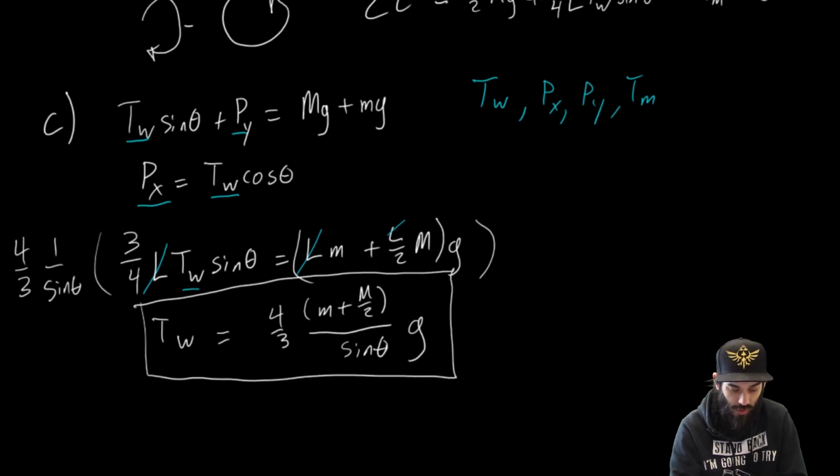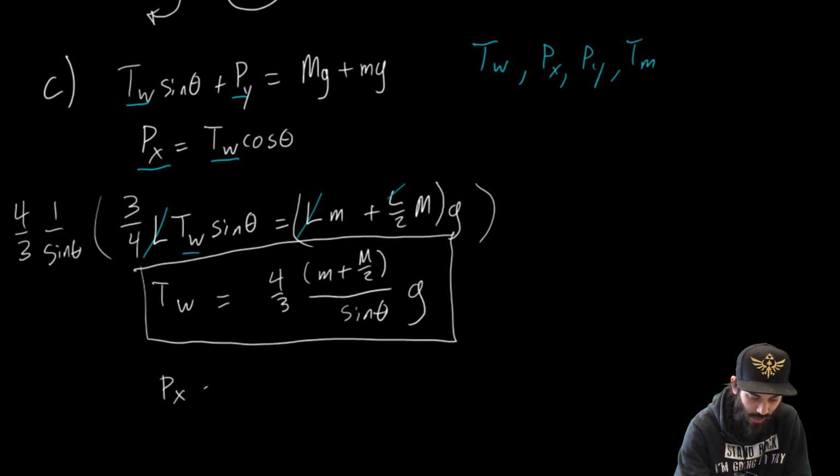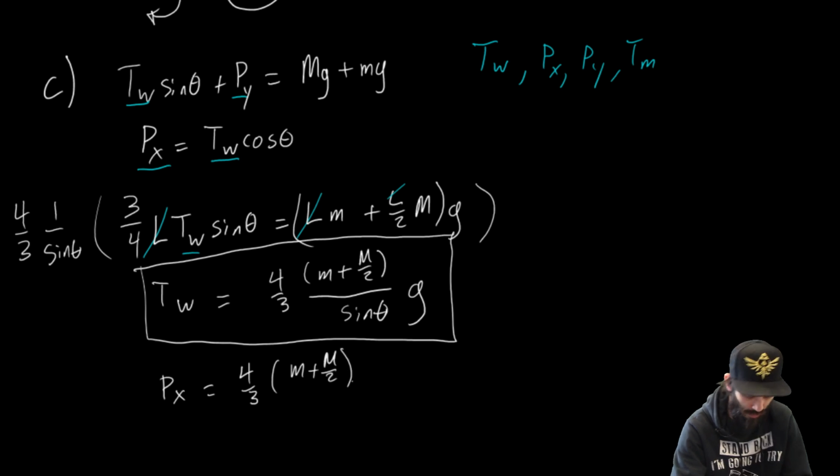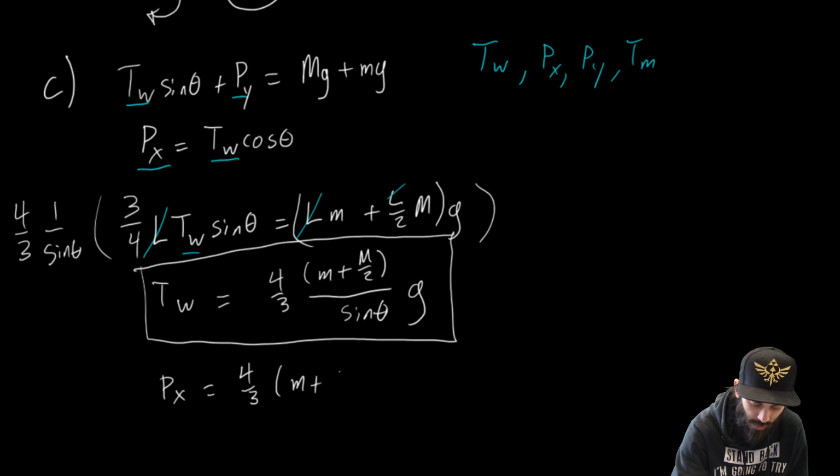Okay. Now, the next thing that we can do, now that we have this, is plug it into the second equation. When we plug it into the second equation, we end up finding that p sub x is going to be equal to 4/3 times, I'm going to erase this and write it again because it's a little sloppy, m plus capital M divided by 2 times G times the cotangent of theta.